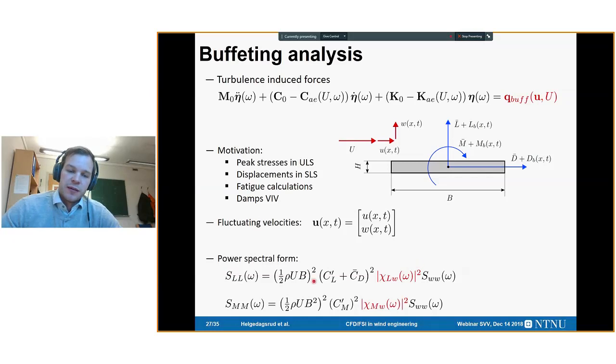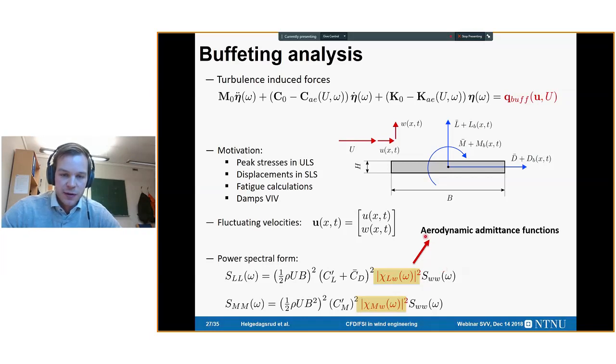So the power spectrum of the forces is typically given as the spectrum of the fluctuations and some transfer functions that are the aerodynamic admittance functions. So these are the ones we are interested in finding, because these are given by design codes or measurements, and this goes into our dynamic analysis.